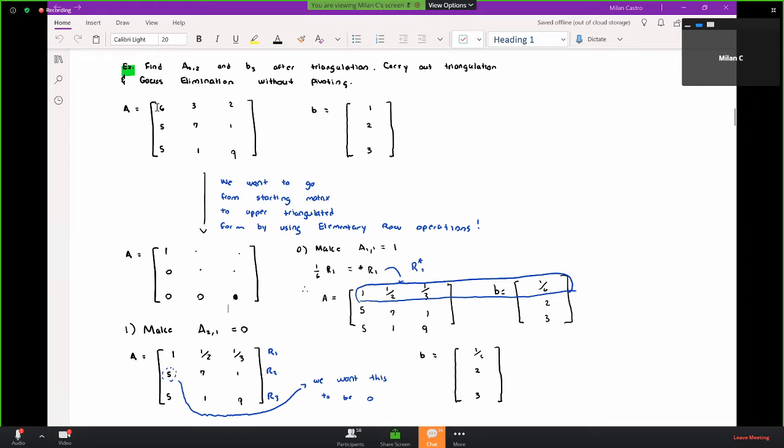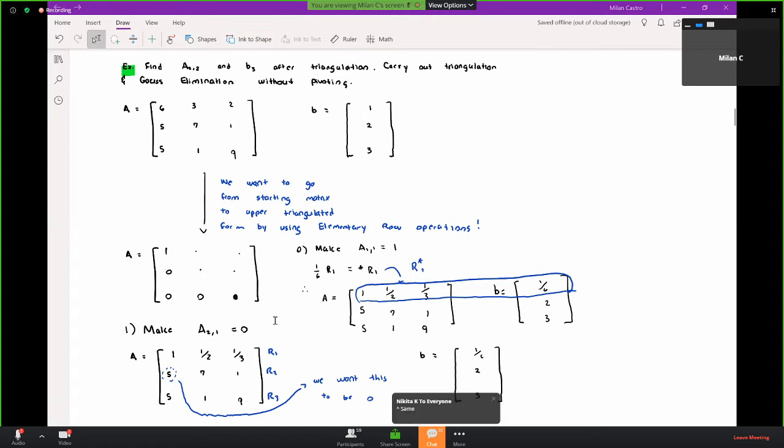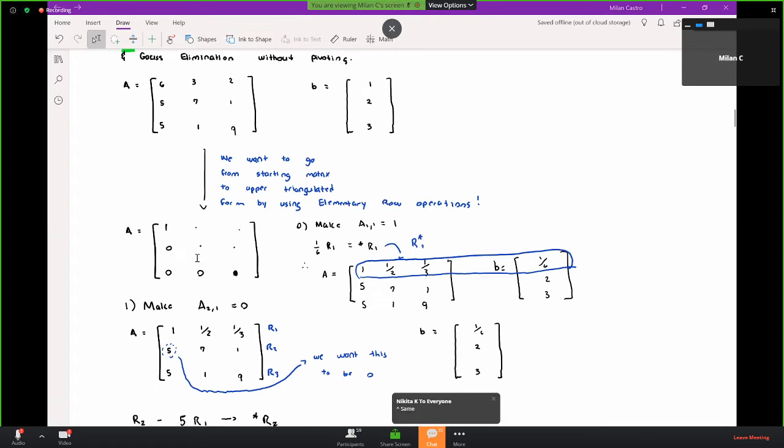So just make sure you make the first term 1, because this is the matrix that I believe Kasab wants you guys to follow for the upper triangulated. Okay, thank you. No problem.